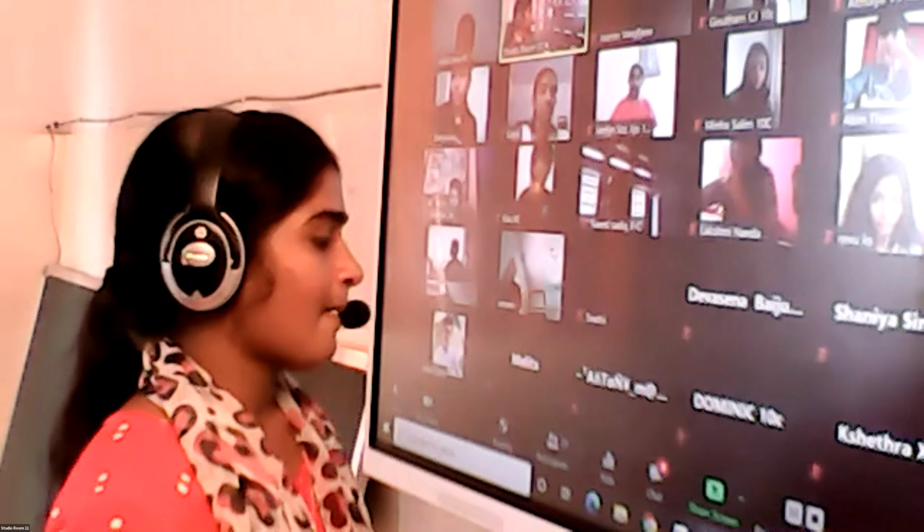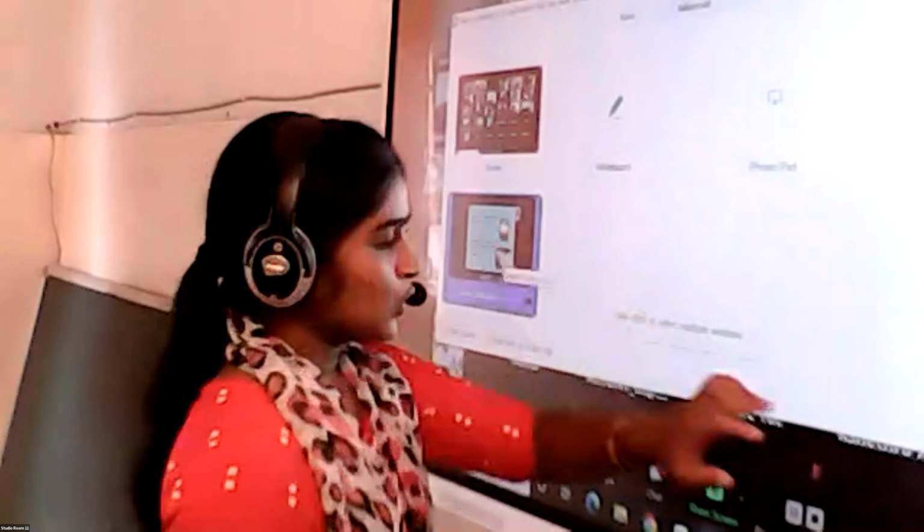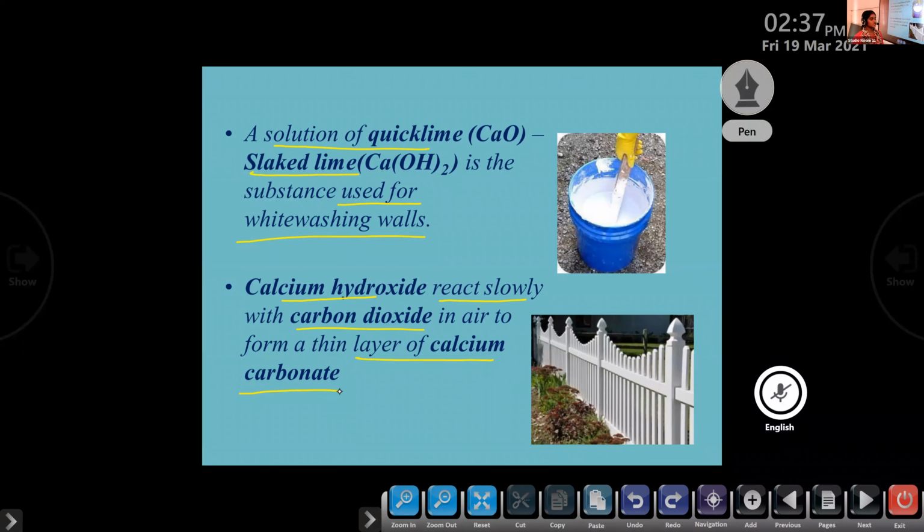Clear? Marble. After whitewashing, after 2 to 3 days, we can feel a shiny appearance on the walls, right? This is due to the formation of calcium carbonate. This is a very slow reaction.